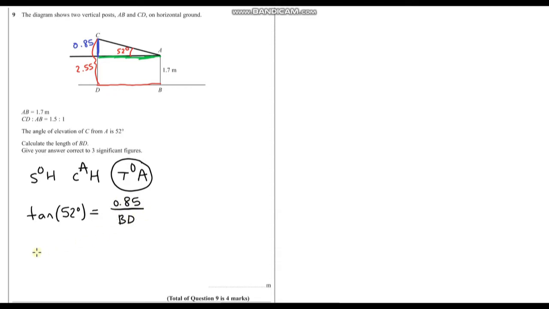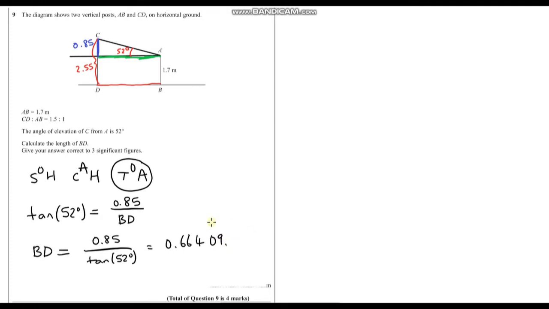Just to rearrange this equation, BD is equal to 0.85 divided by the tan of 52 degrees, which we just need to put into our calculator. So 0.85 divided by tan 52, and that gives us 0.66409.